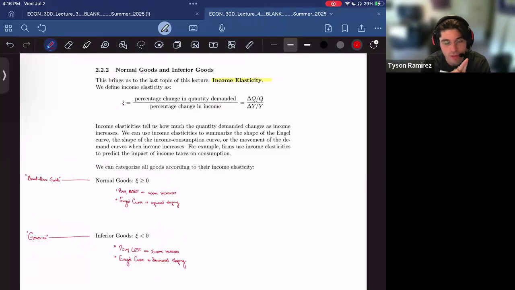But I'm going to leave that for the next lecture, lecture 5, because I think it would run over the remainder of the time that I have for this one, what would be a 2-hour block. I think it would push us a little bit over 2 hours. So let's call it right here. And then we'll finish up consumer theory in lecture 5. And from lecture 6, we'll start the firm side. We'll start the supply side of things, and we'll start to think about this profit maximization problem.